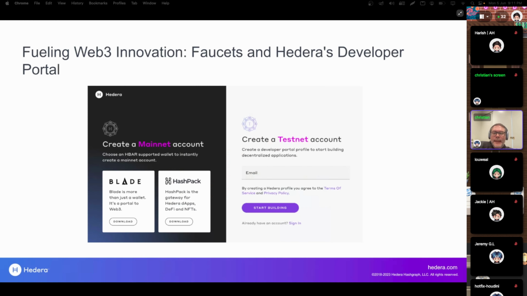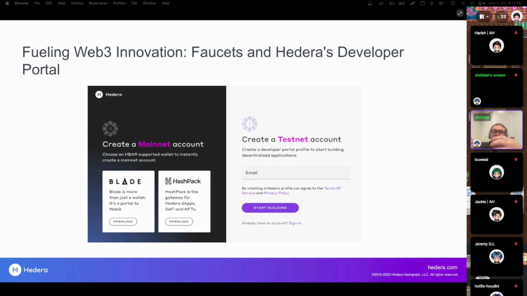And then the Faucet and Hedera's developer portal. So most public ledgers have something called a testnet. A testnet is very, very similar to the mainnet. The mainnet is the production system of the distributed ledger that's running all of the time.